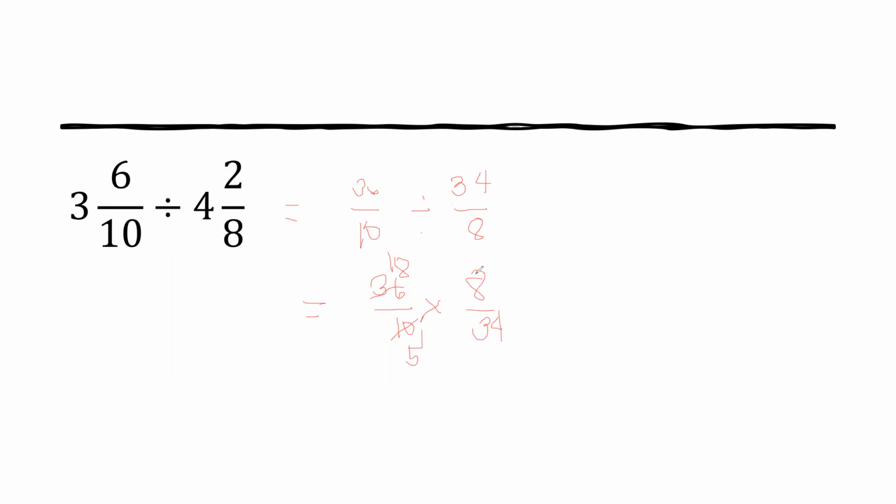Yung 8 at 34. May makakapag-divide ba? Opo. 2. That will be 4 at 17. Diba? So ngayon, tingnan natin. Yung 17 and 8, 18 wala na, and 4 and 5 wala na rin.